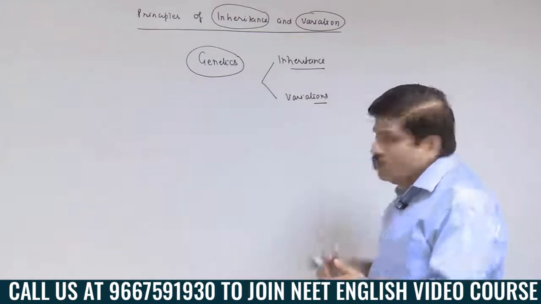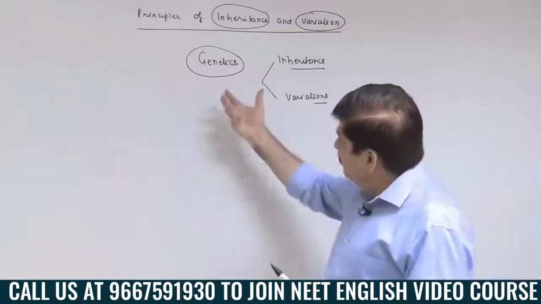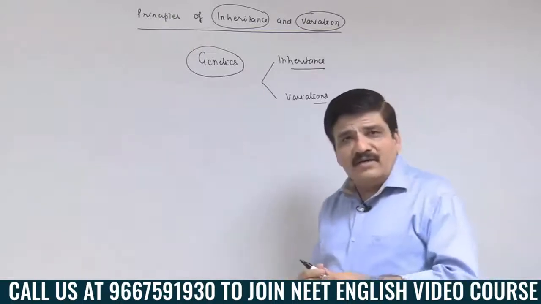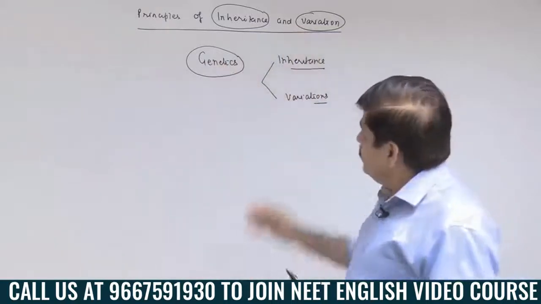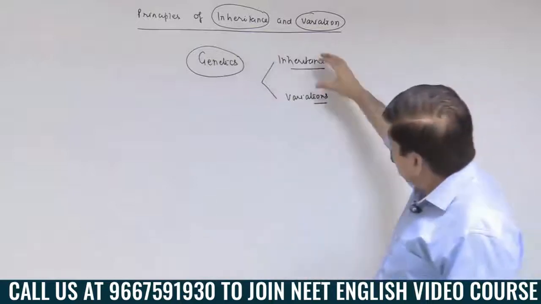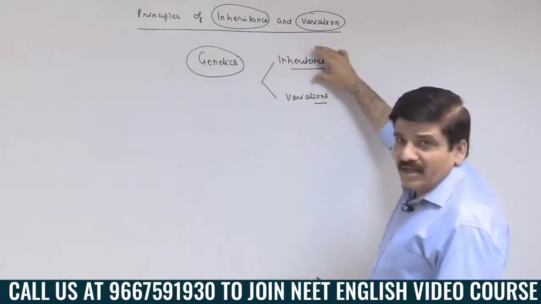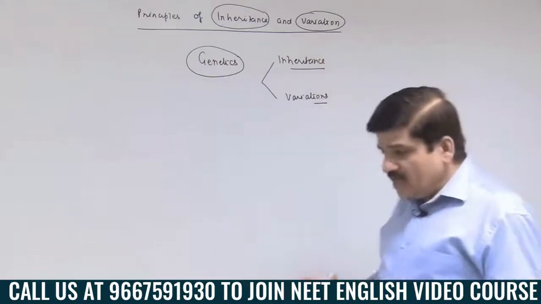These are the two important things that we will discuss in this chapter. My definition of genetics actually comes from the heading of the chapter, the principles of inheritance and variation. So two key terms in the definition: inheritance and variation.